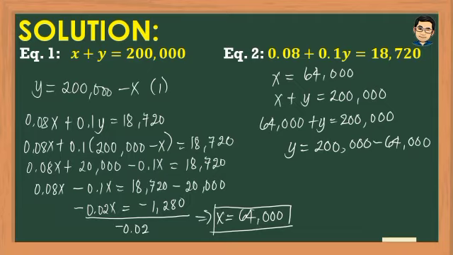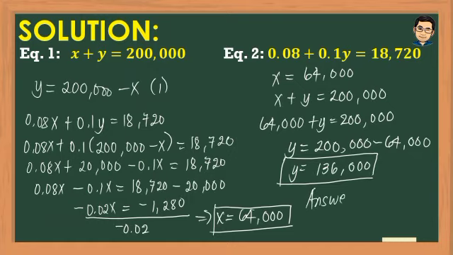It's because we're talking about money. So, y is equal to 200,000 minus 64,000, that is 136,000. So, ayan. So, yung ating solution or answer, pwede po natin isulat as 64,000 and 136,000.